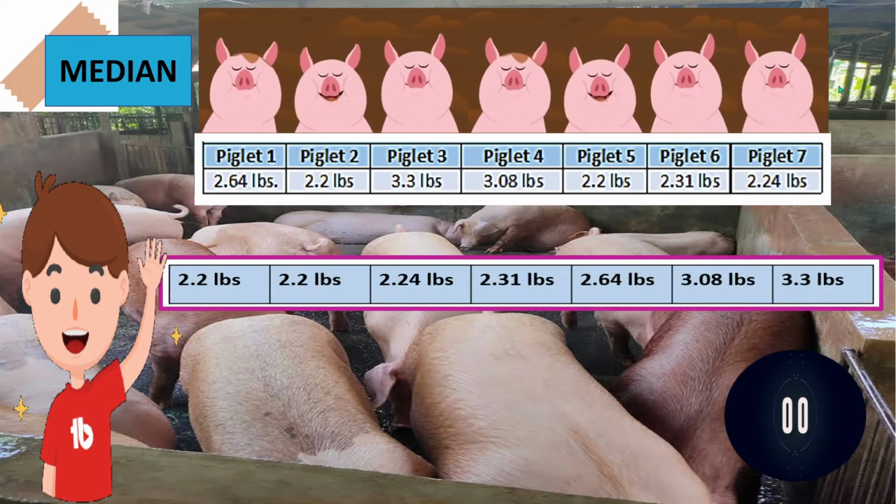If your answer is 2.31 pounds, you're correct. Arrange the data to locate the middle number. So 2.31 is the median of the weights of the piglets.